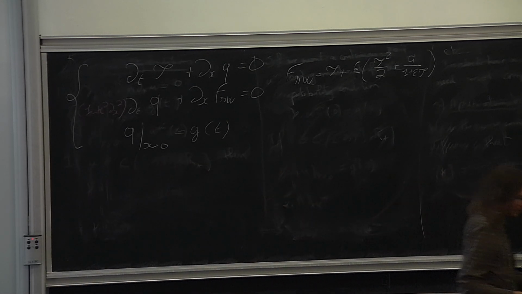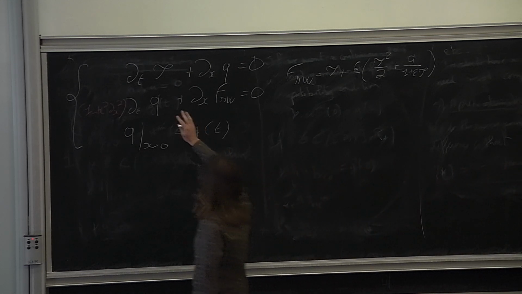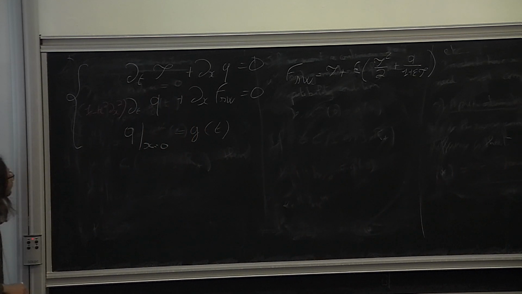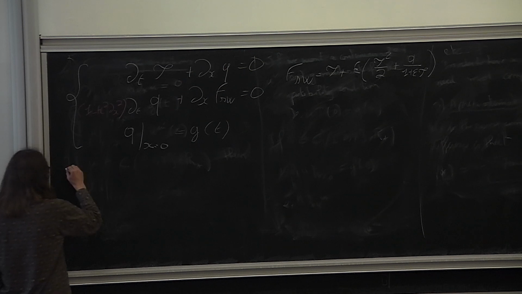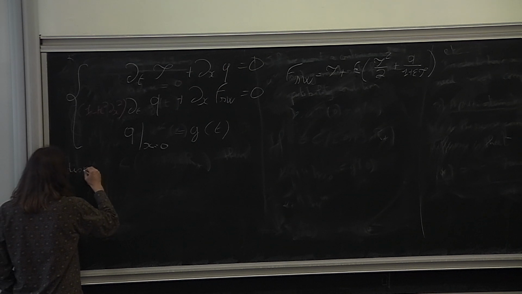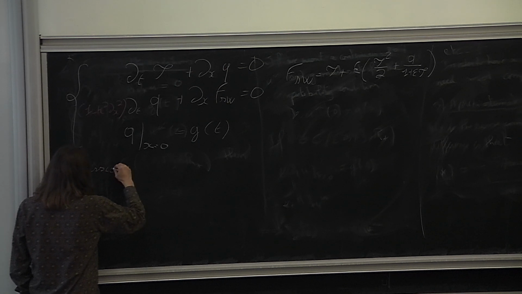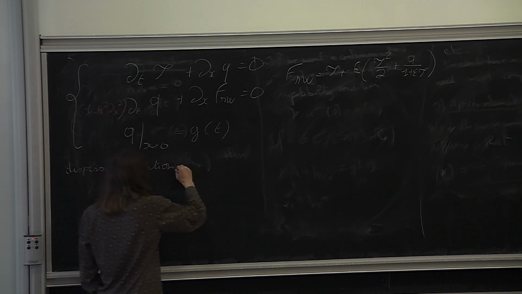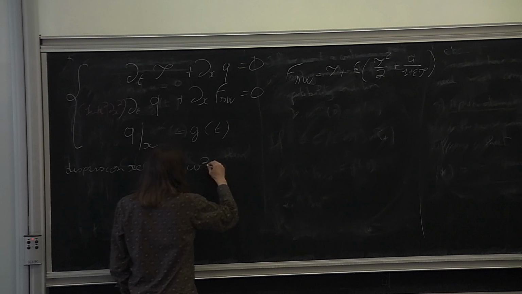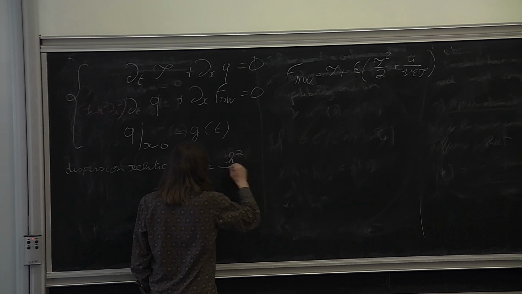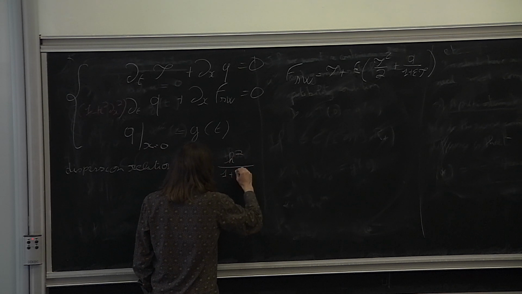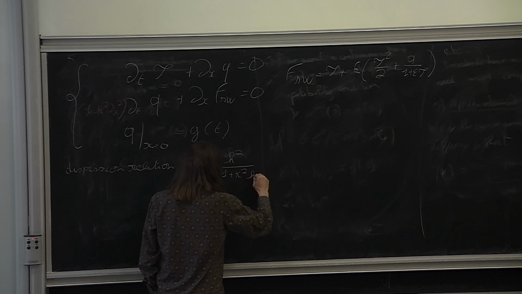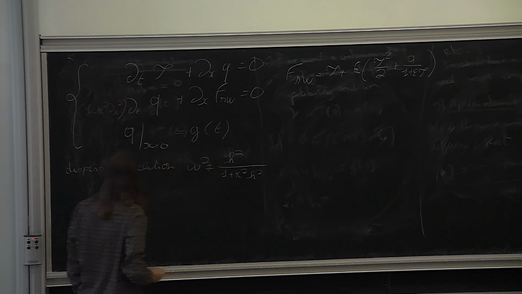Of course, it's a dispersive problem if you linearize around equilibrium and look for plane wave solutions. You easily see that the dispersion relation is omega square, so there is dispersion.